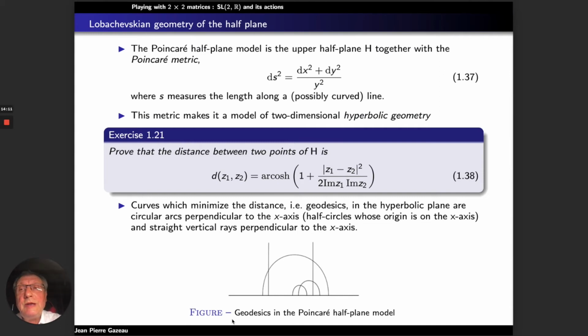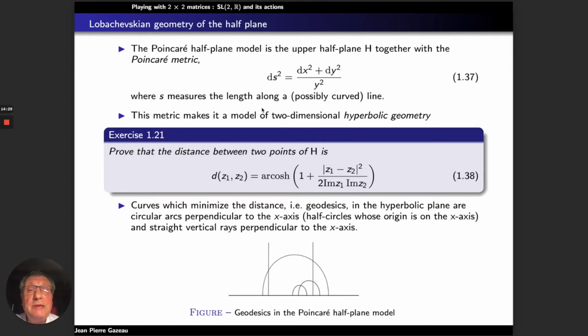Now let's consider the Lobachevskian geometry of the half plane. The Poincaré half plane model is the upper half plane H together with what we call the Poincaré metric.